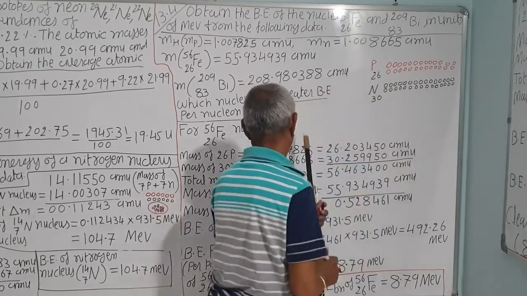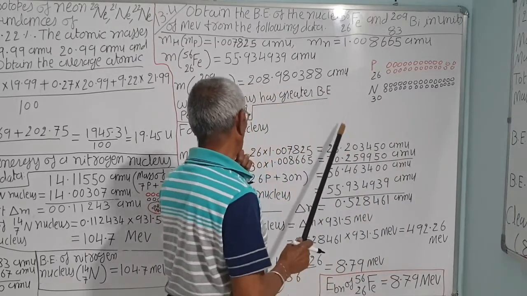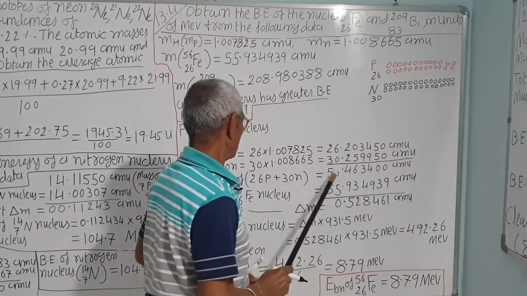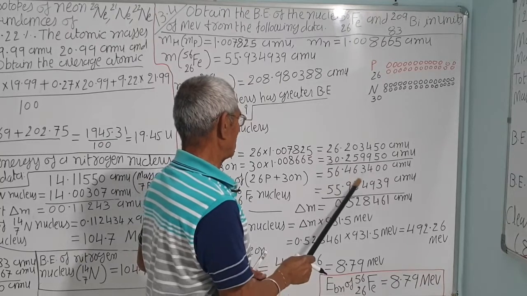The mass in the isolated form is 56.4634.